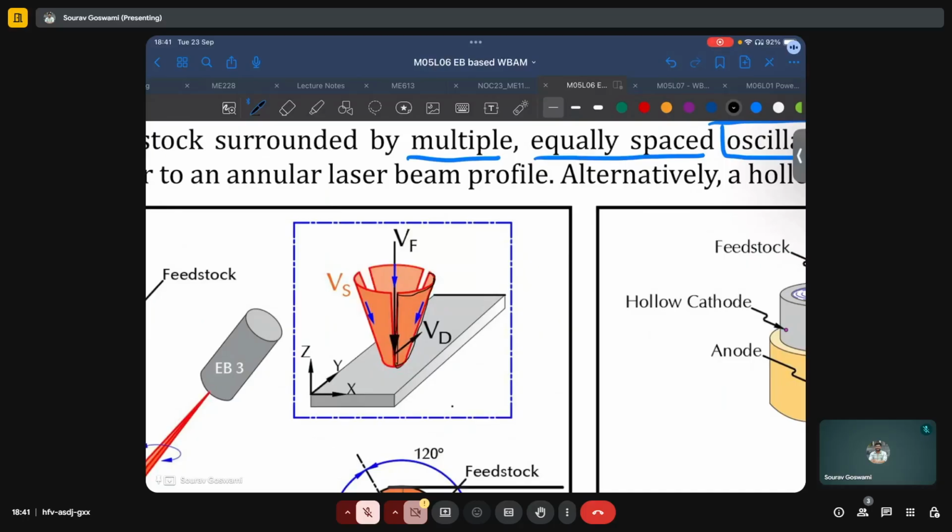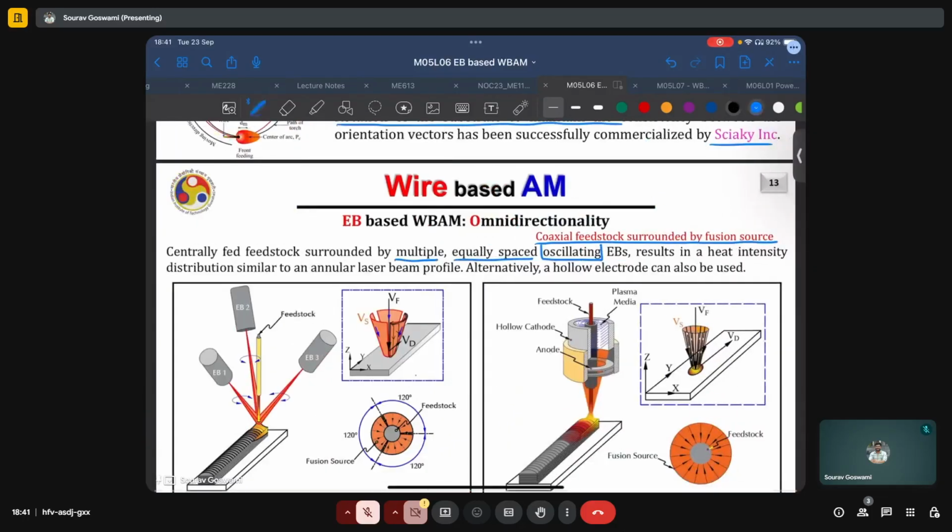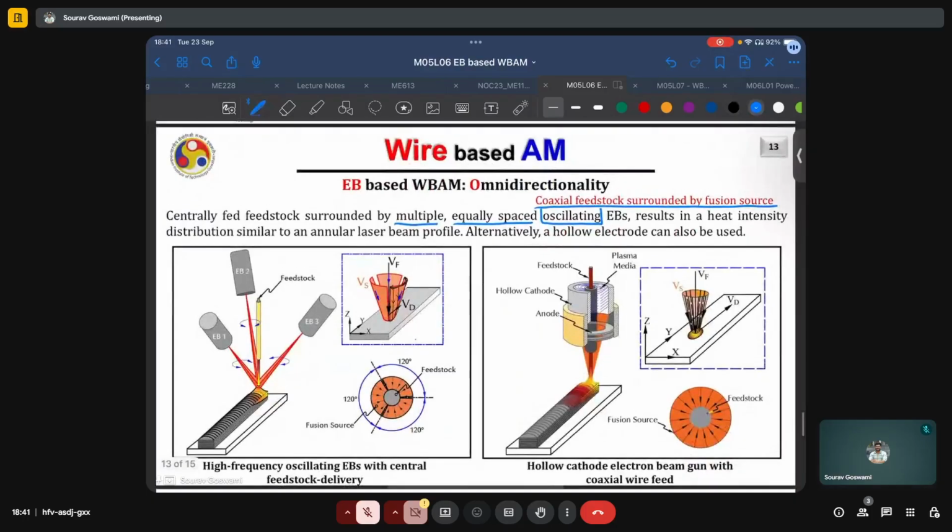But what we actually have is just a single electron beam, which is being oscillated or deflected very fast within this region. And because of the high speeds, it appears as if it's not a single beam, but a curtain of electron beam acting in that region.